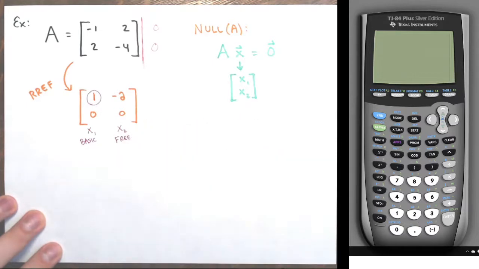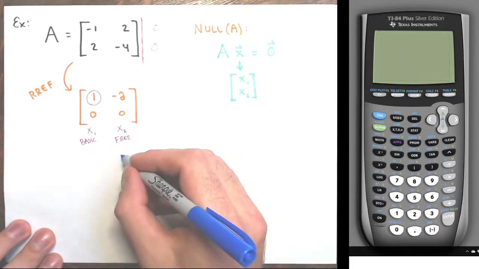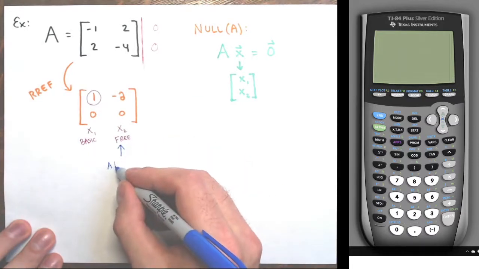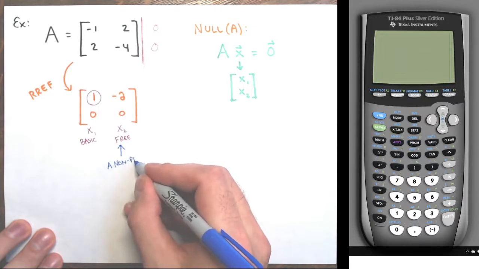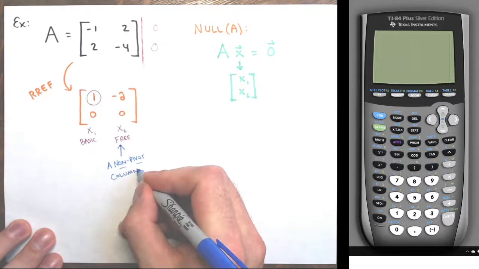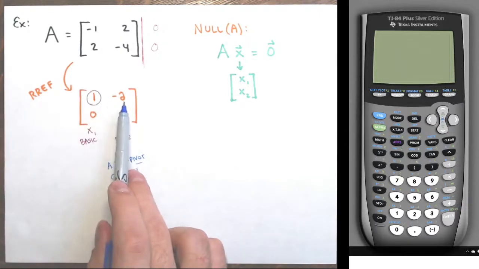I can replace x2 with any number I want and then find x1. The columns that correspond to free variables are these non-pivot columns. So here's a non-pivot column. And notice there's only one of them: a pivot column and a non-pivot column.